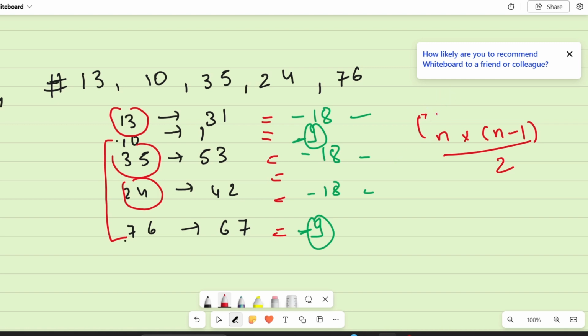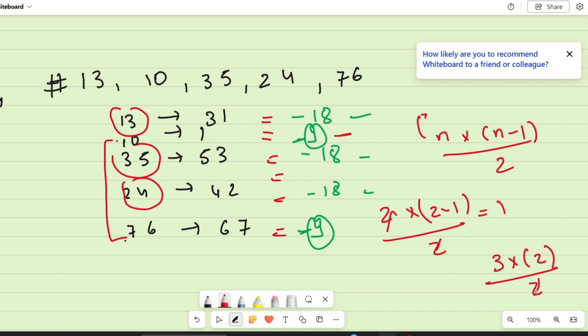If we check 9 as a difference, the frequency of 9 is 2. So we would get 2 times (2 minus 1) divided by 2, which would yield us 1. And exactly one pair is there. And if we go to 18, which has a frequency of 3, then it would yield us 3 times 2 divided by 2, which would give us 3.